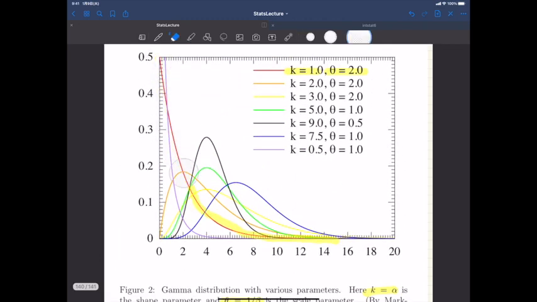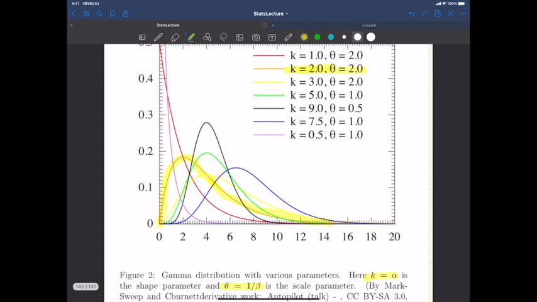So the gamma distribution is a generalization of the exponential distribution. And when k is 2 and theta is 2, then we have this curve. In this case, the density becomes 0 when x is 0. Then it increases up to some point, then starts decreasing, similar to the exponential distribution.